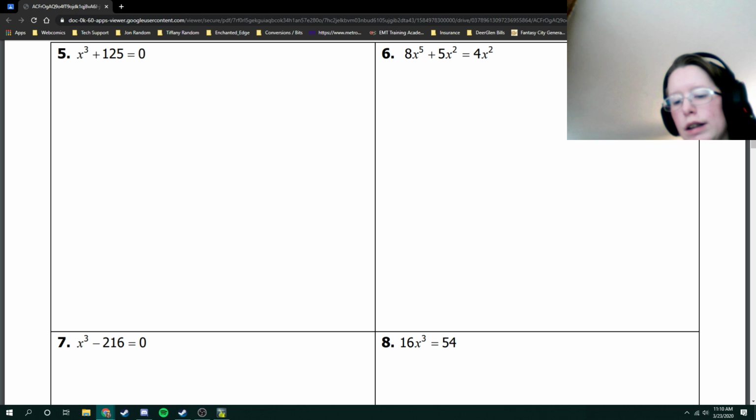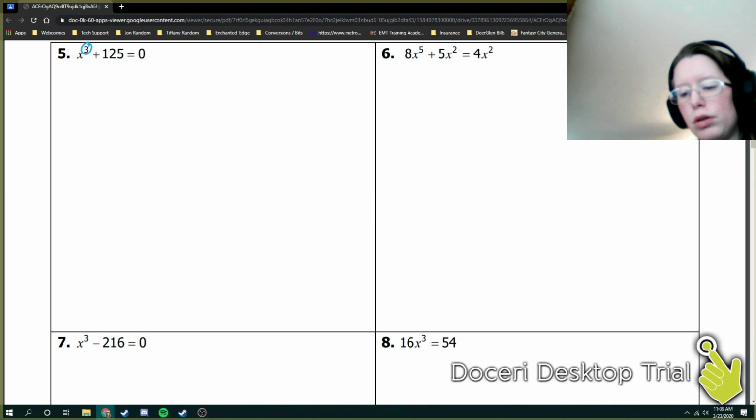So this is a sum of cubes, because we have x being cubed plus a perfect cube number. So I need to write down the sum of cubes formula.